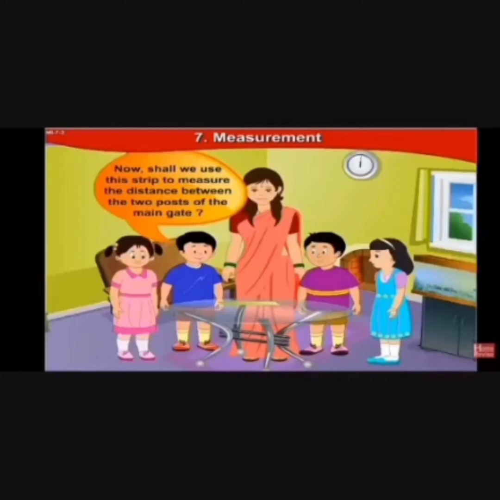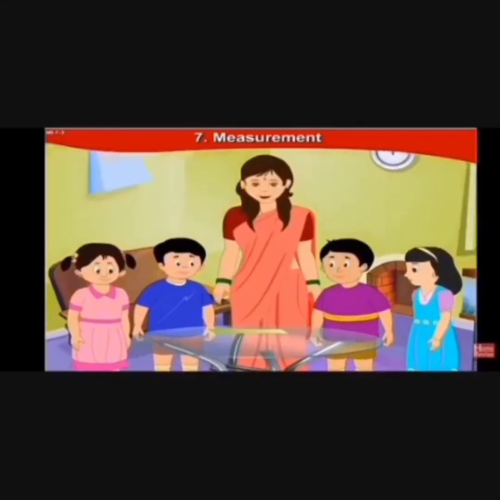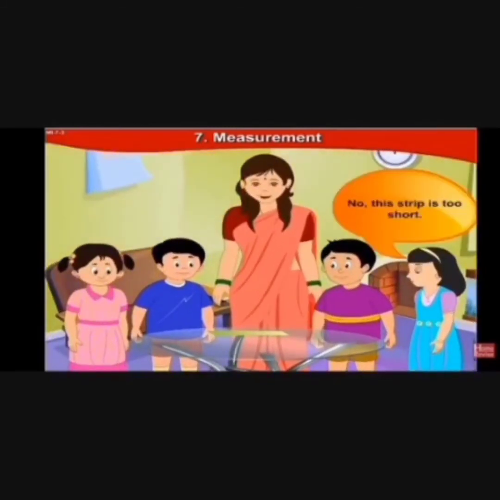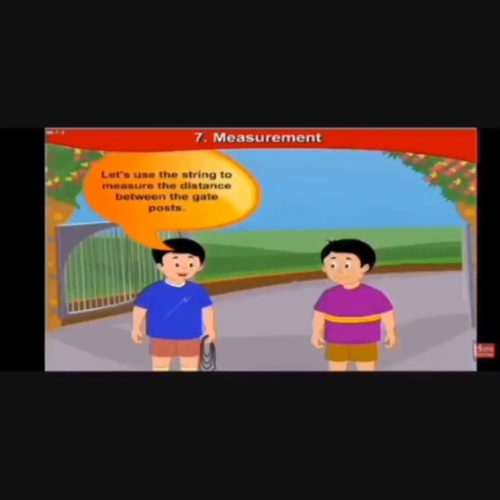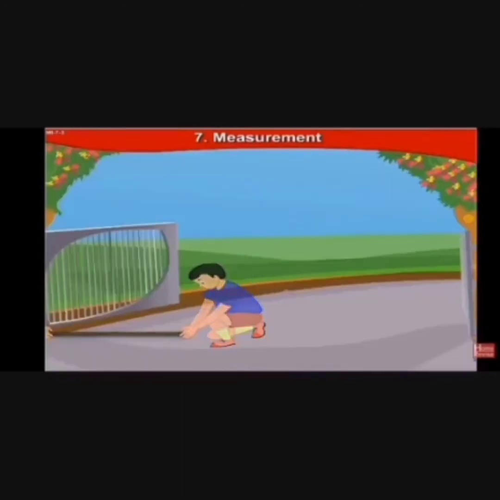Now, shall we use this strip to measure the distance between the two posts of the main gate? No, this strip is too short. I have a long string. Let's use that. Let's use the string to measure the distance between the gate posts.